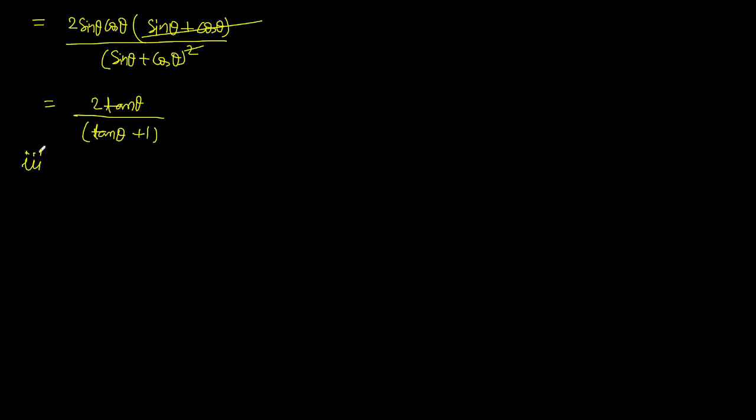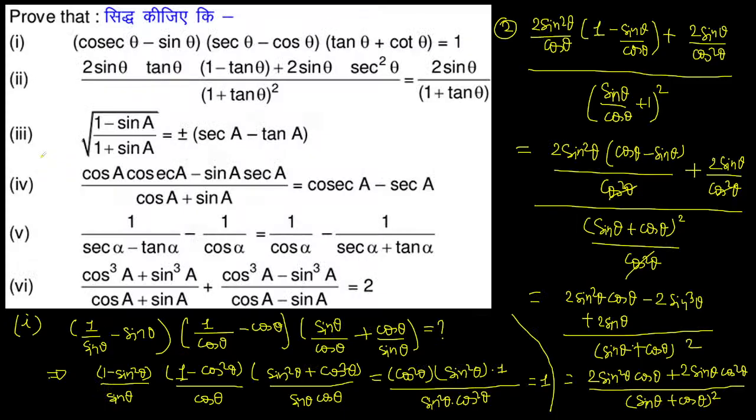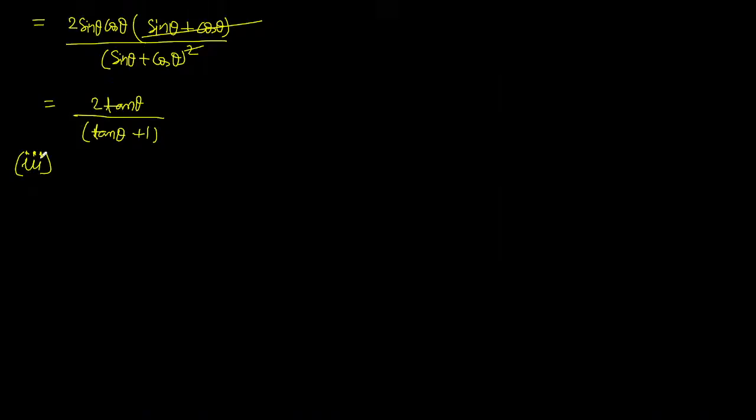Now we are moving with the third one. Root under 1 minus sin a divided by 1 plus sin a. What will we do is that we'll do rationalization.